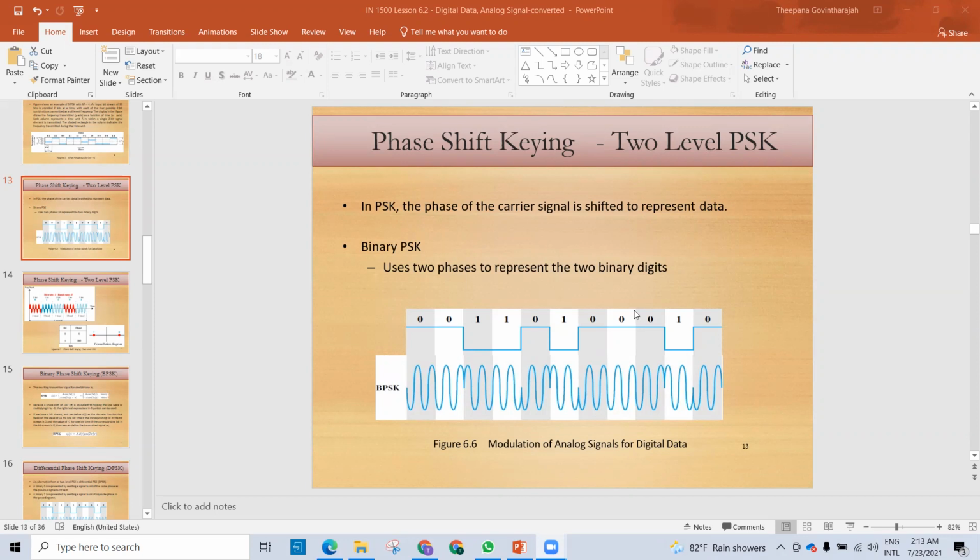As the first case, similar to FSK, here also we can consider the binary and the multi-level. For the binary, we are considering only two phase changes. So one bit is denoted by one signal.